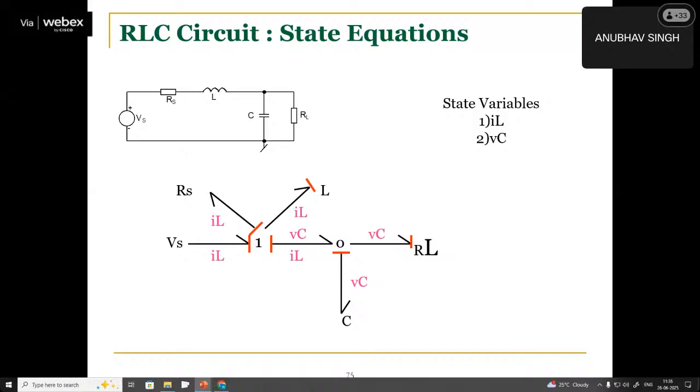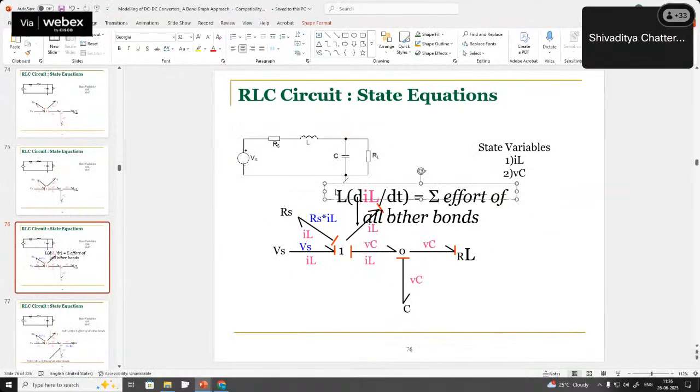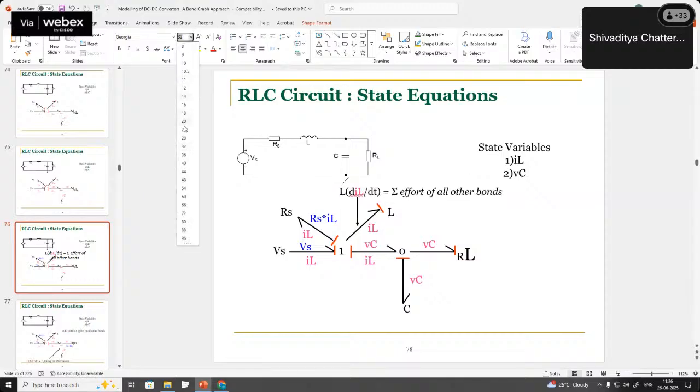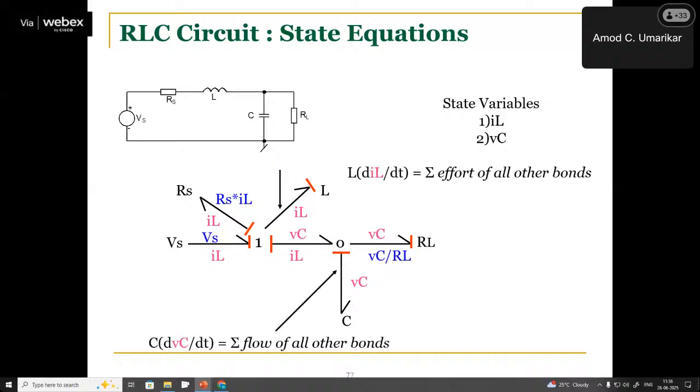Now at each bond, what is L dIL by dt? It is the summation of effort of all other bonds at the one junction, and at the zero junction, the summation of flow of all other bonds.